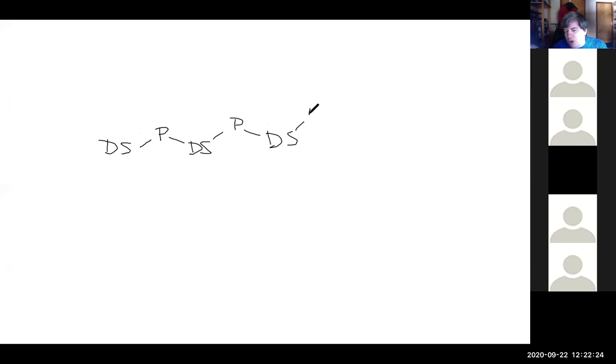And so we kind of have a chain of the sugars and the phosphates. Now, the other thing we have is on the sugar, this is where the nucleotide is attached. So maybe the first one is an A, and then maybe we have a G, and then maybe a T, and maybe a C. I'm just making up that order.